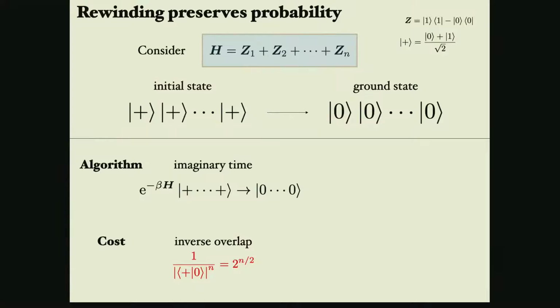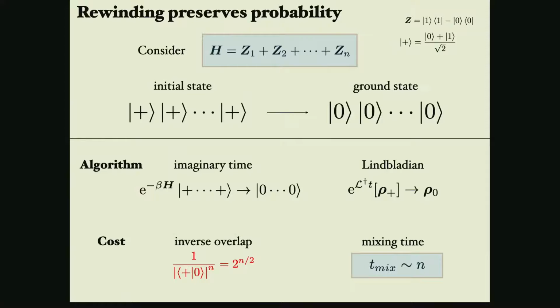This overlap is something that people have constantly discussed. If you just do imaginary time evolution, this actually kills the algorithm because the overlap is so small. However, because our algorithm preserves probability, it only takes a very short mixing time to get to the ground state. So you immediately see that there's some qualitative difference happening.